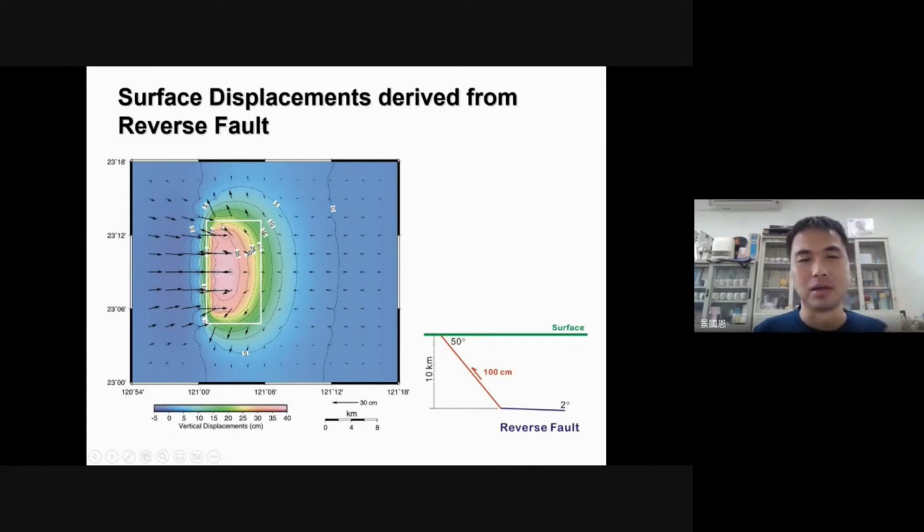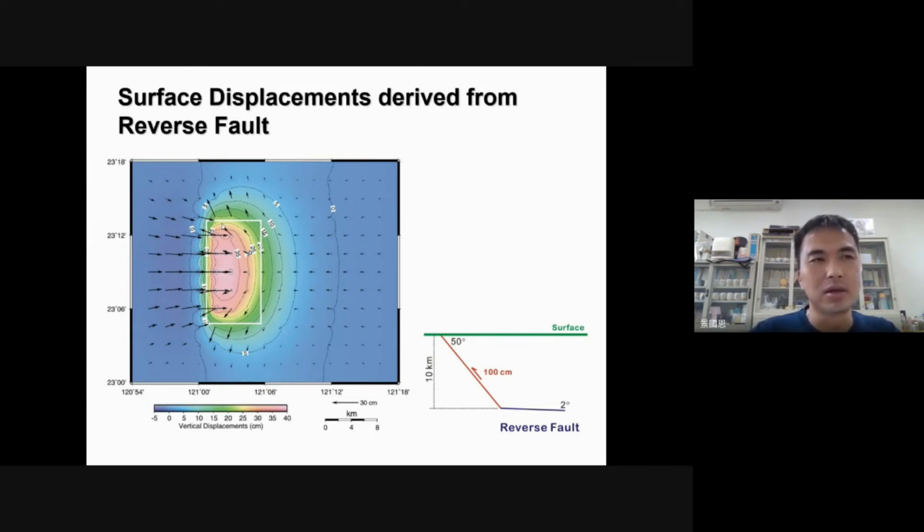So that means before we monitor the surface deformation, we always need to understand what kind of mechanism or what kind of source you want to detect that causes this surface deformation.